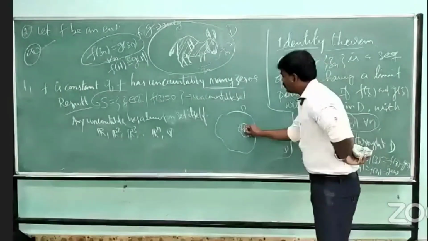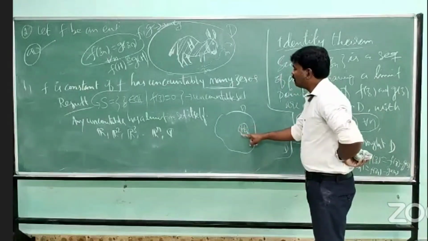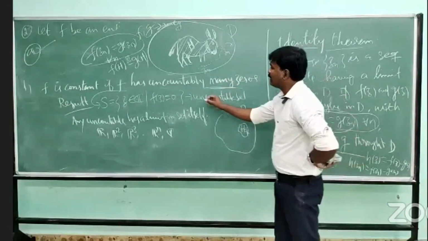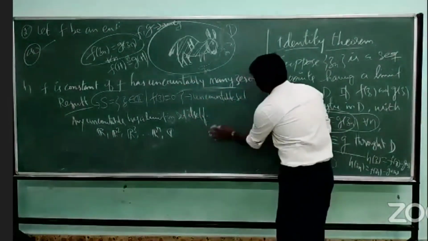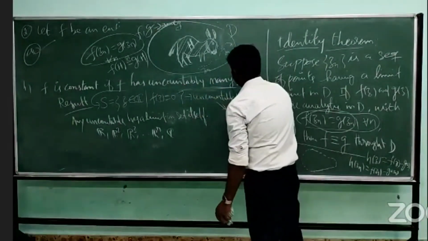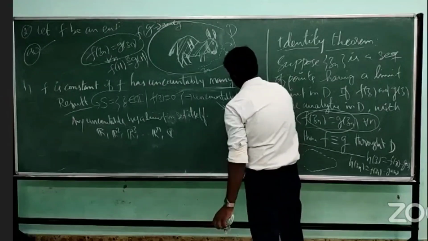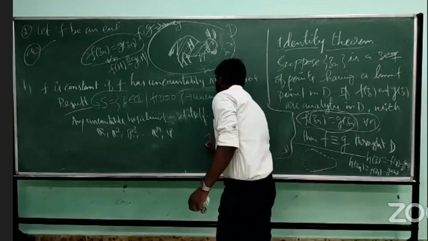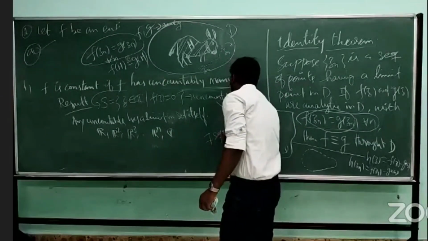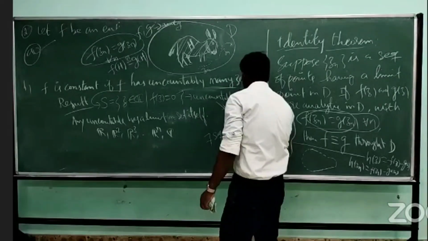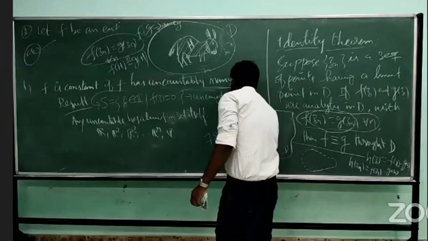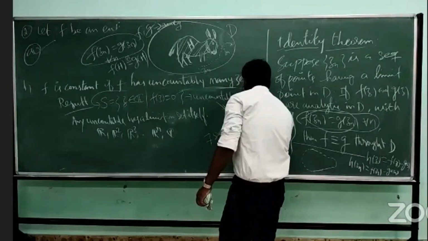Zn is a sequence. That sequence converges. This is an uncountable set, and it has a limit point, some z0. That is, there exists a sequence zn in S such that zn goes to z0.